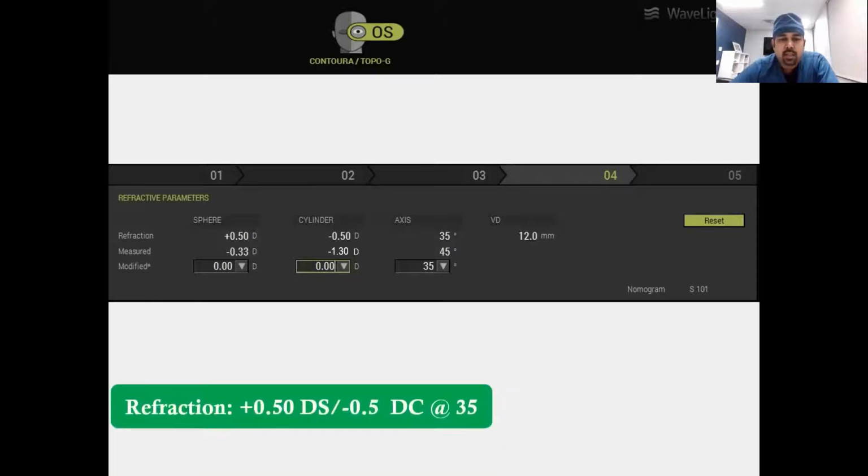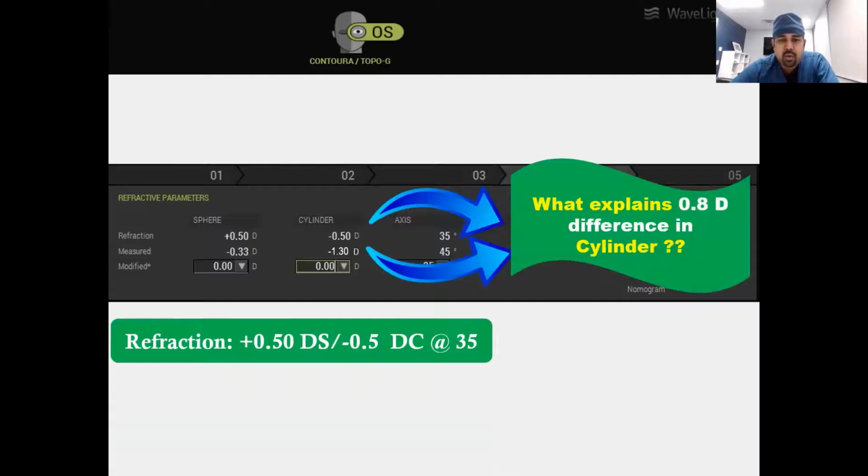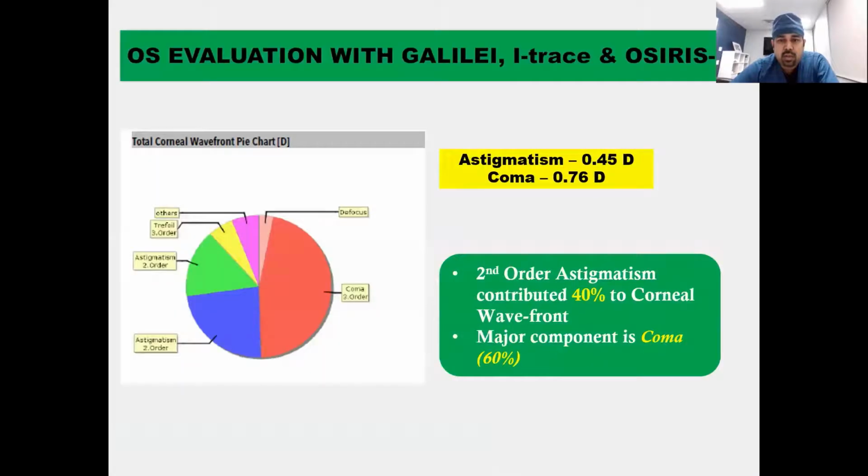So when we looked at the aberration profile on his cornea, we understood this. I don't want you to specifically look at these numbers and count them and subtract them. It is to explain how things work in this picture. So his astigmatism was only 0.45, whereas his coma was 0.76, derived from the pie charts on Galilei.